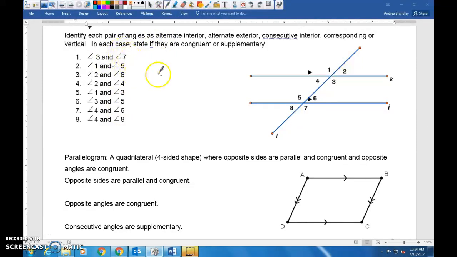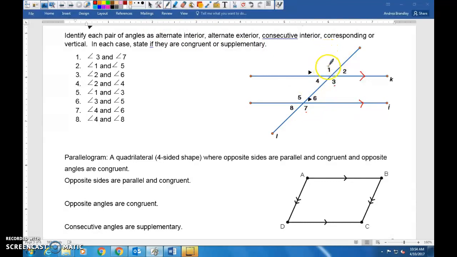Starting with angle 3 and angle 7, so that's here and here. Well, they can't be any of the interior or exterior ones because one's on the interior of our two parallel lines and one's on the exterior. So that automatically knocks out those first three. So they have to be corresponding or vertical.